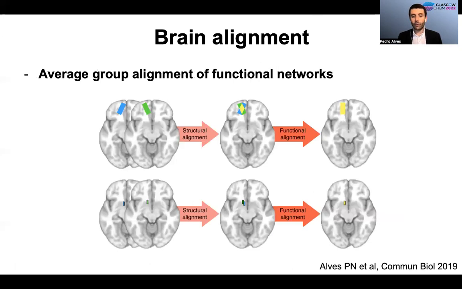The alignment of individual functional maps exclusively based on structural features may lead to a misalignment of small subcortical nuclei. In a previous work, we have shown that if we perform an additional step of functional alignment, we may improve the identification of these small structures in average group analysis.